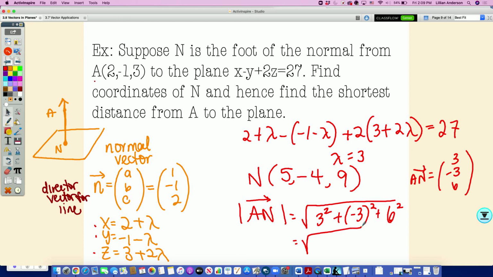What's 9 plus 9 plus 36? I think it's 54. Yeah, 36 plus 18, 54. So that simplifies down to be what? The square root of 54. It can be simplified down to 3 root 6.